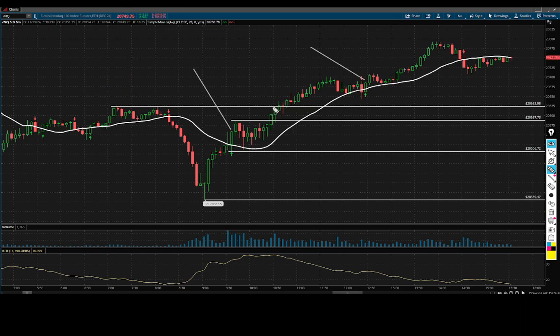I can play micros on the breakout on this candle, and I can use the previous 5-minute candle low as a stop. Also notice that that matches up with a prior swing high here. Okay, does that make sense? So if this is our potential, we broke through that potential, we can use the previous 5-minute candle low as our stop loss, and it also matches up with the mini swing high.